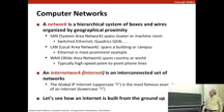And they're mostly partitioned into what are referred to as LANs, or local area networks, that you establish within a small region, and then a wide area network, which would be over something the size of a city or perhaps more.